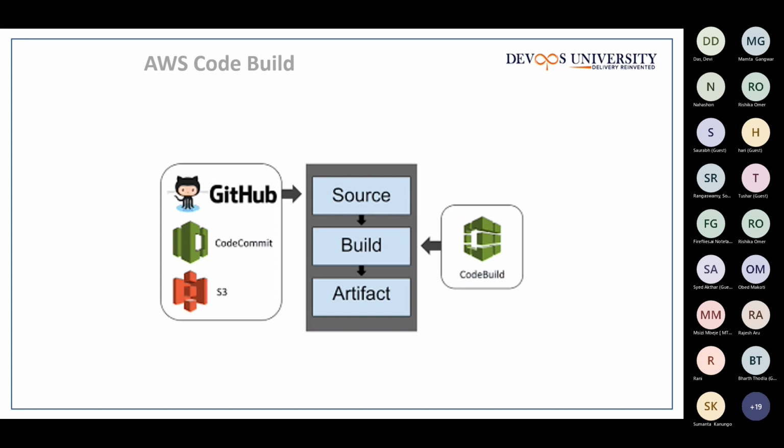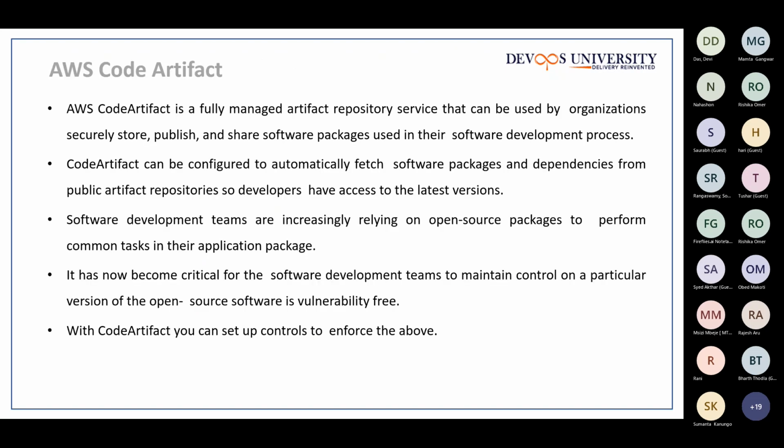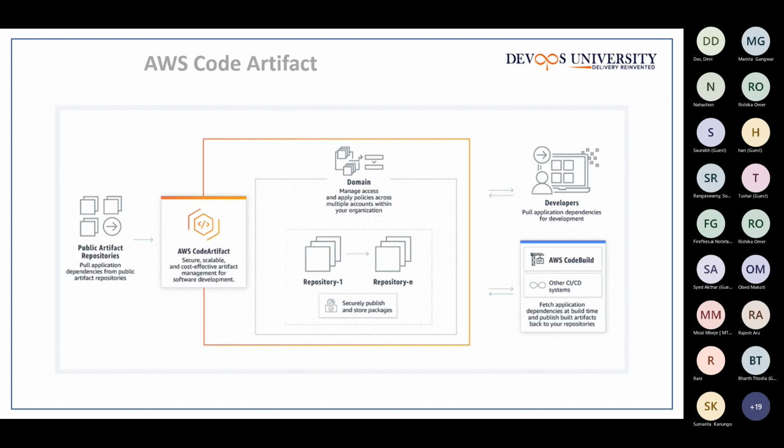particular tool here. So again, CodeCommit is going to work as a kind of version control system. CodeBuild is going to help you to perform the build automation. CodeArtifact is something which gets integrated with CodeBuild so that you can have one or multiple repositories where you can upload your artifacts.